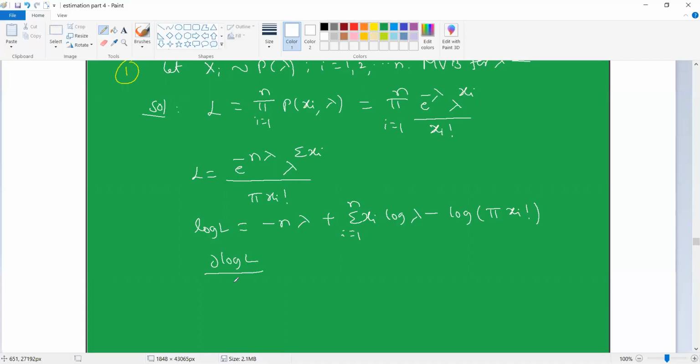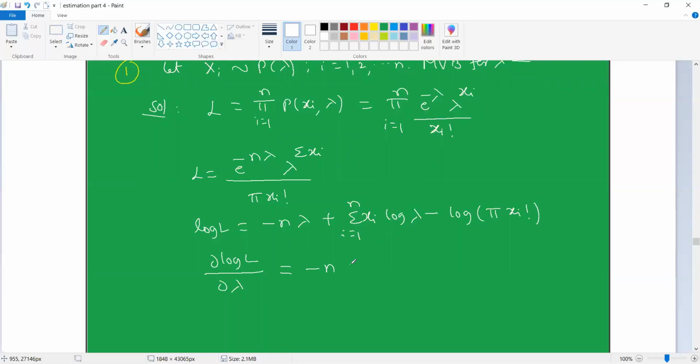Now differentiate log L with respect to lambda. The common procedure for MLEs is to equate this differentiation to 0, but in this case we are not equating it to 0. We just find the differentiation of log L with respect to lambda.